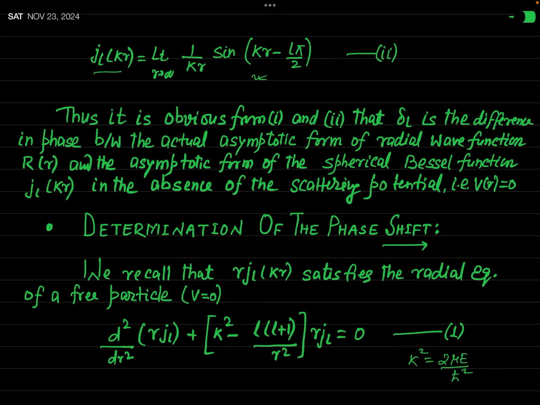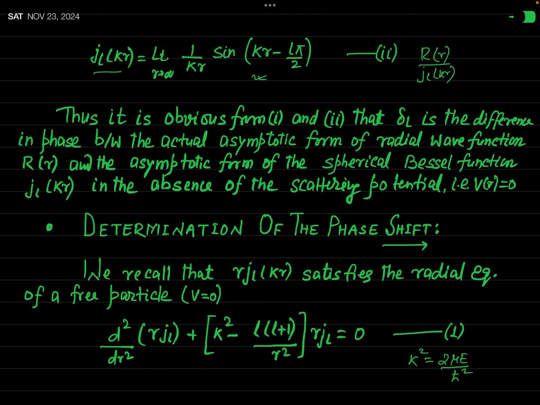Now, when you compare these two equations, what are the phase of R of r and the phase of j L of k r? The phase of j L of k r is k r minus L pi by 2, and you have just seen that the phase of R of r is k r minus L pi by 2 plus delta L. So obviously delta L is the phase difference between R of r and j L of k r.